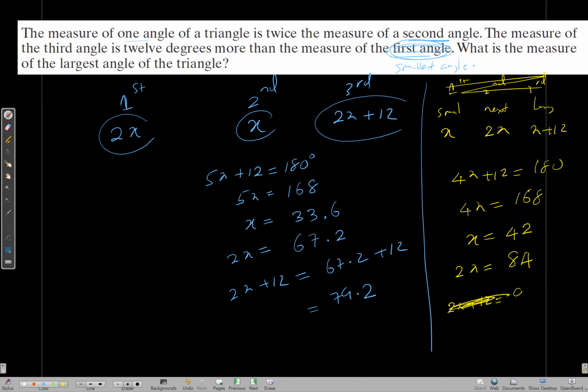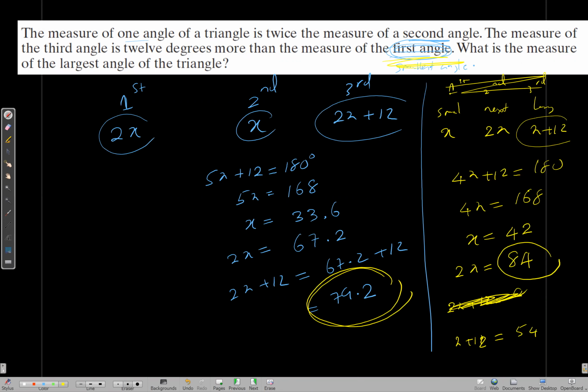Well, no, 2x is 84 and the other one is x plus 12, so it's 54. So the largest in that case is 84. If we go with the wording, this is actually the answer.